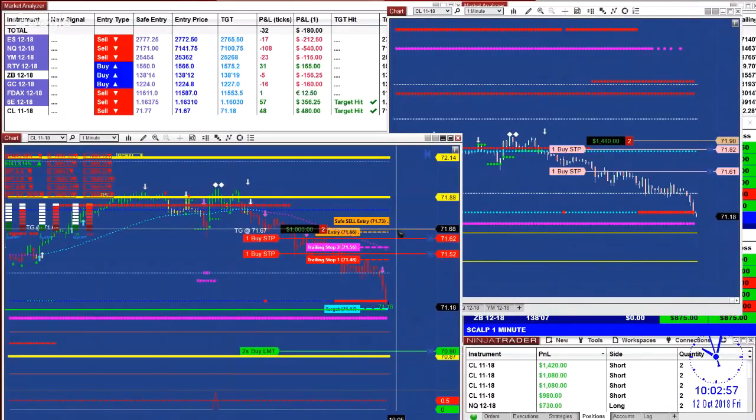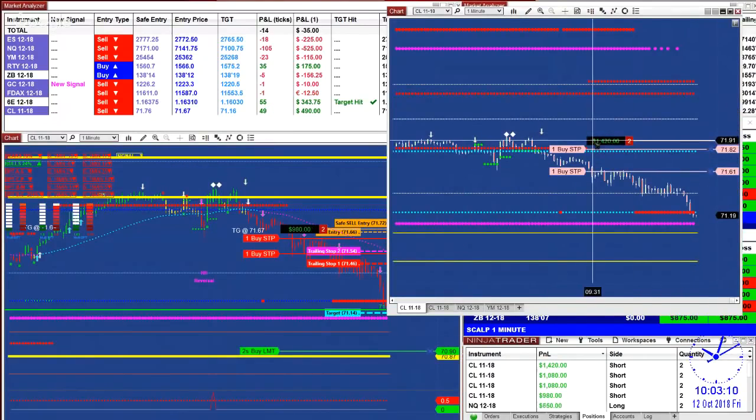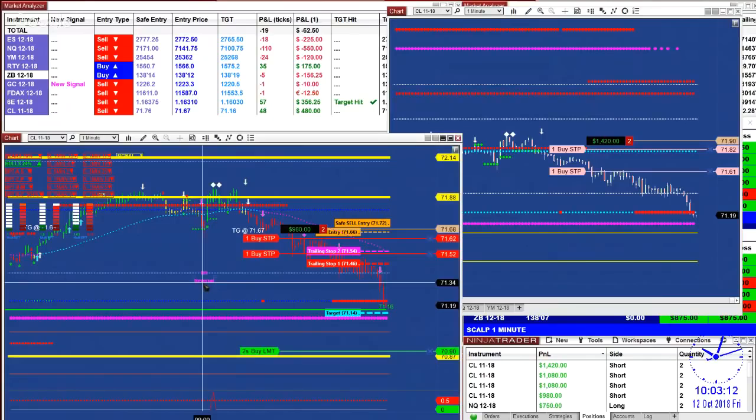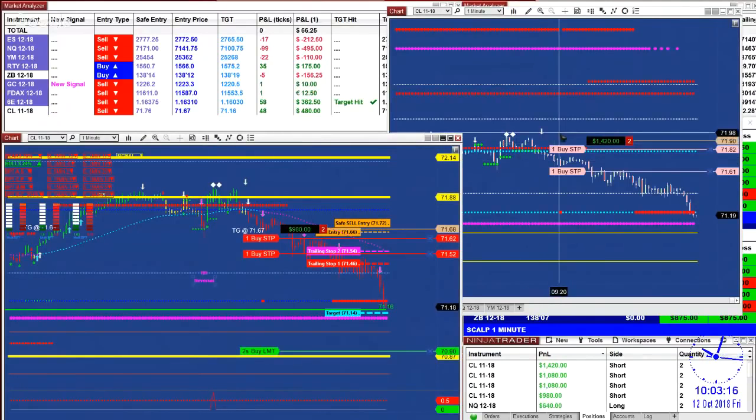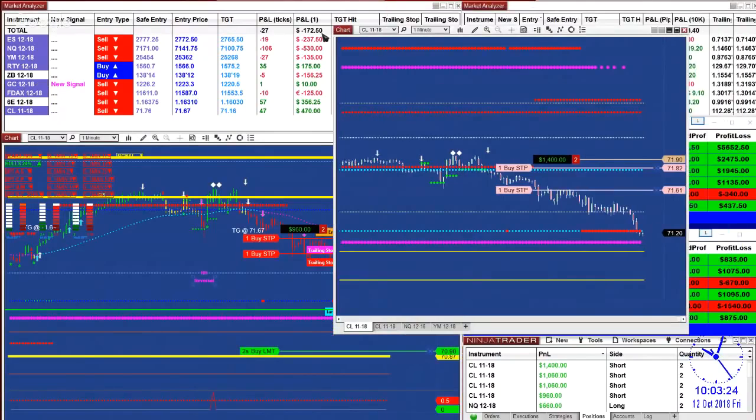Took it at 71.68, and this one here is 71.90. This one is a manual. This one here is an automated, folks. So this one here has nothing to do with that trade right there. This one here is from the price action. So, and this one here is a total.